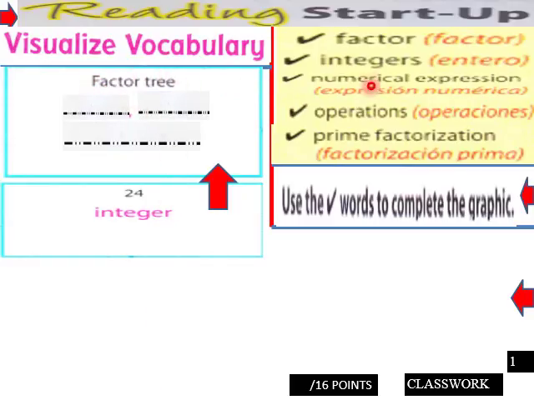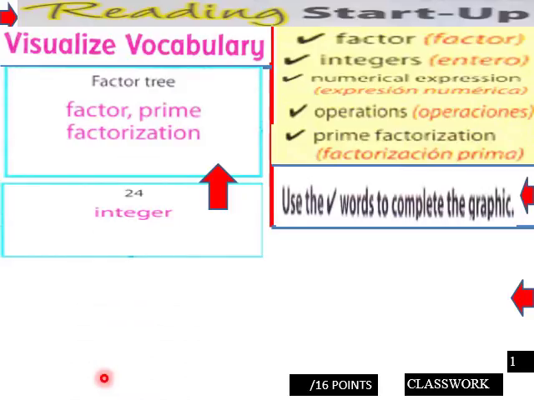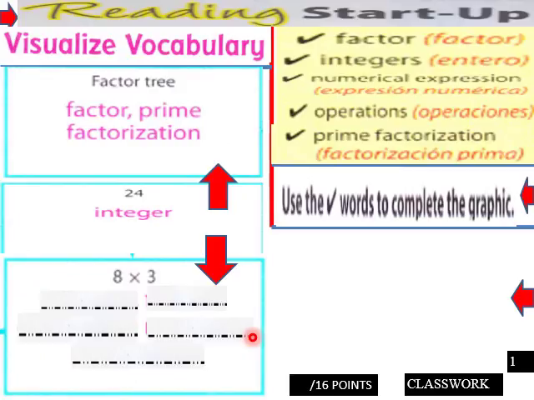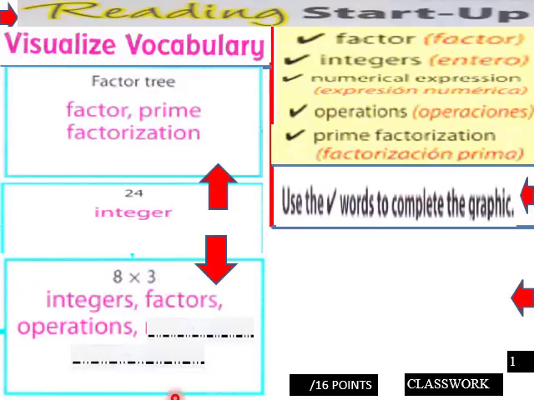For factor tree, which of these words would we put in here? Factor, and then prime factorization. And then 8 times 3, what's that? Integers, yes, these two are integers. Factors, well, they're factors of the product. Operations, yes, this is an operator.